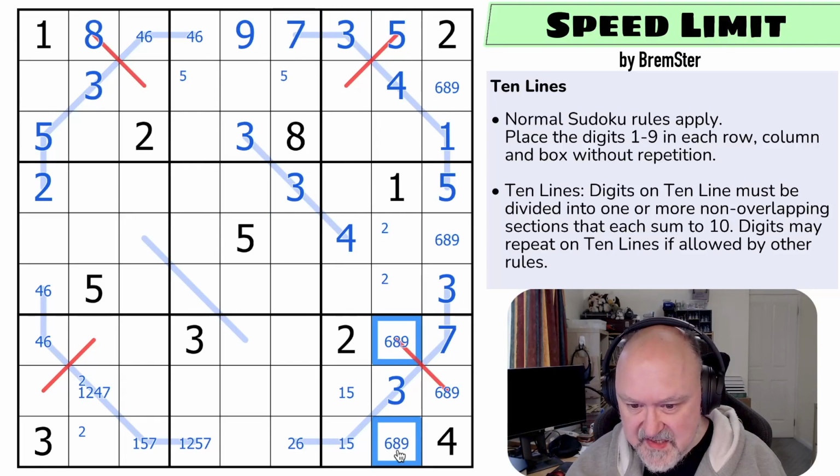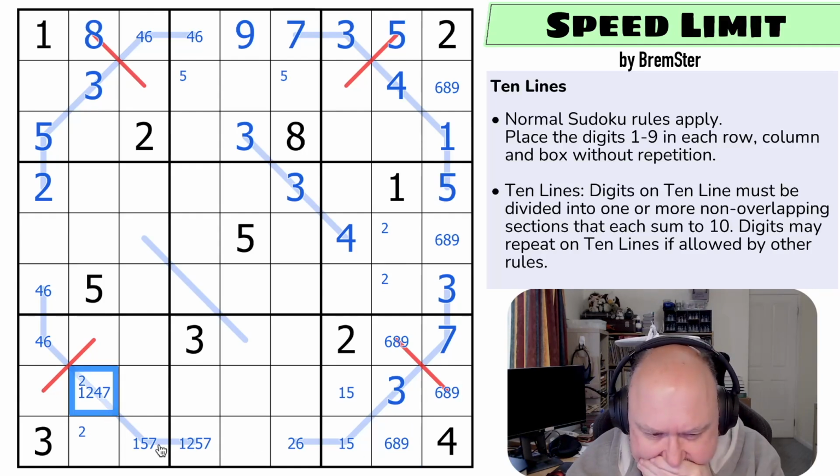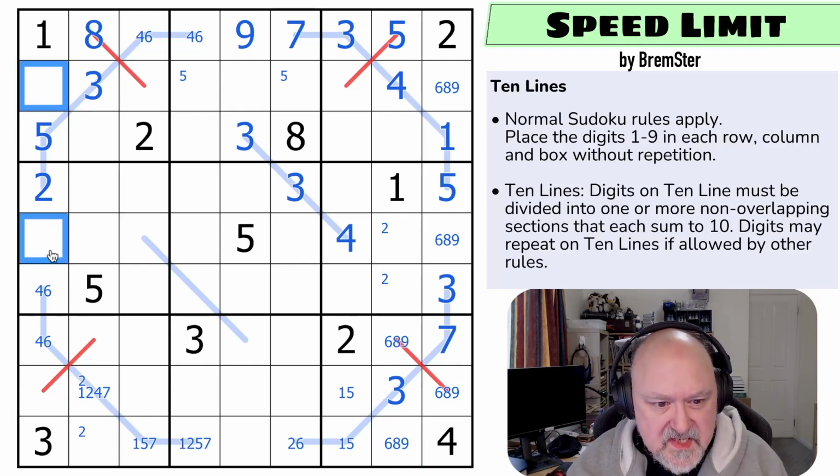These are 6, 8, and 9. Huh. If this is... what's this triple? 1, 2, 3, 4, 5, 6. These are 7, 8, 9. There's no 8 there.